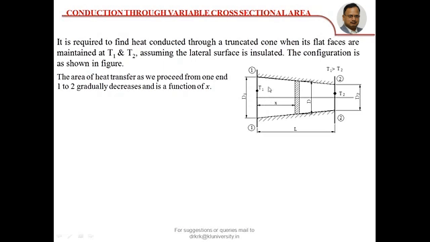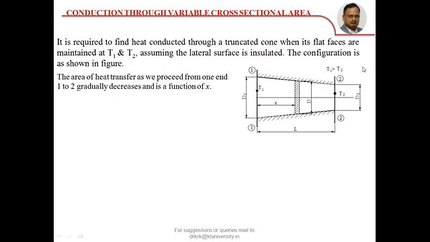But as we proceed, that pi by 4 d1 square gradually reduces and converts into pi by 4 d2 square. So which area we have to consider in such variable problems? Pi by 4 d1 square or pi by 4 d2 square? What is that we have to take?